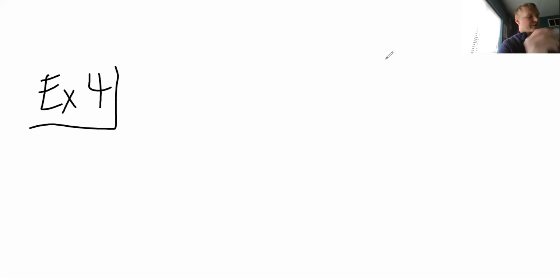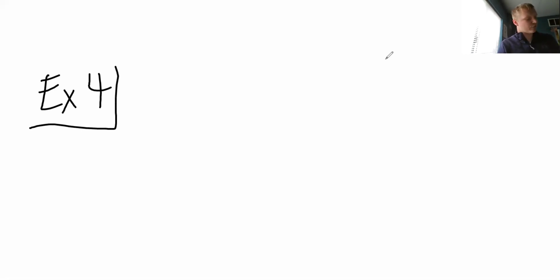So probability equals the number of favorable outcomes over the number of possible outcomes. So your total number of outcomes is on the bottom, and then the favorable outcomes on top. All right, so let's try example 4 using that method.